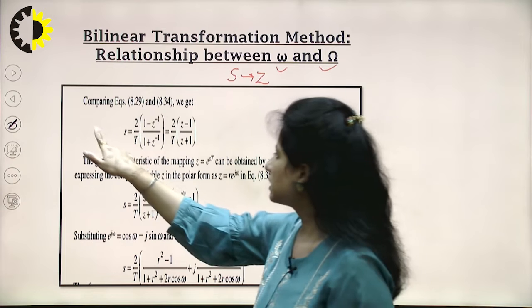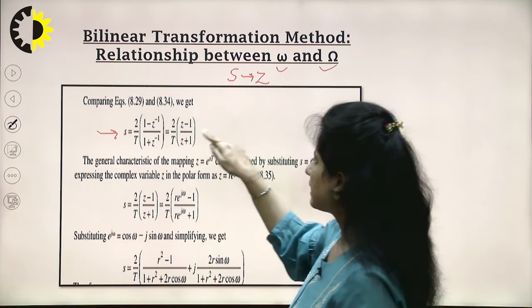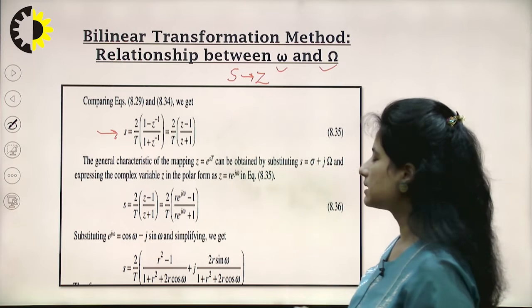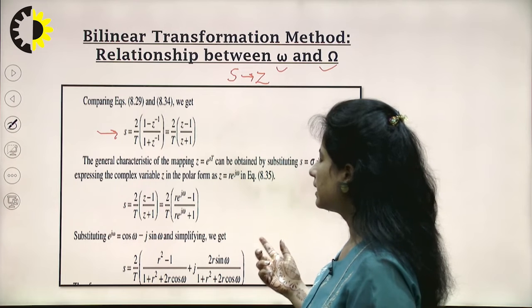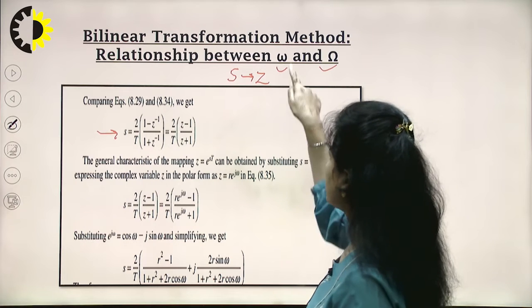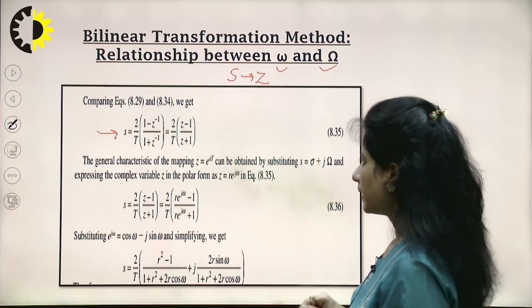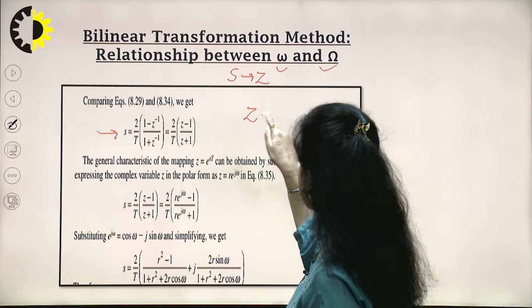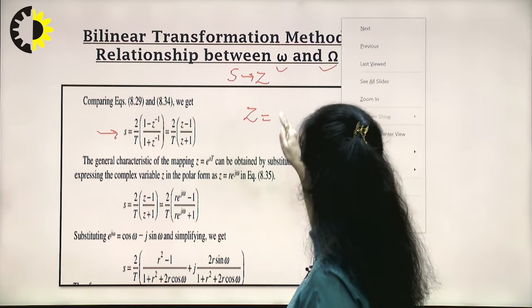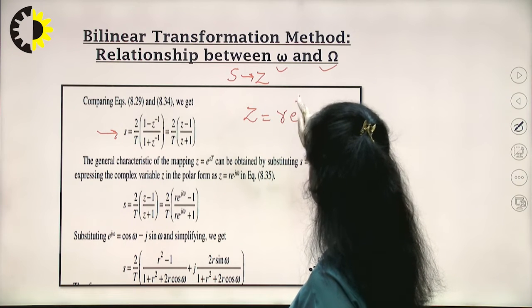So beginning with this relationship between s and z, what do I see here? I need to make a certain kind of mathematical permutation. Moving from rectangular coordinates to polar coordinates, I would obtain a relationship between these two frequencies, that is digital omega and analog omega. So here I know that my z plane can be represented in the form of r, that is my radius of the unit circle.